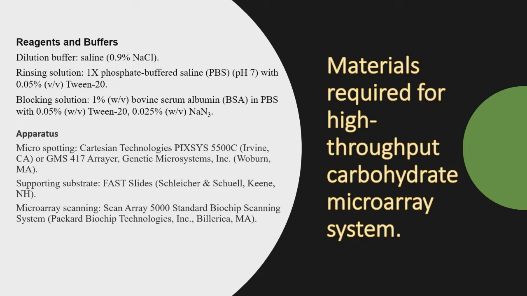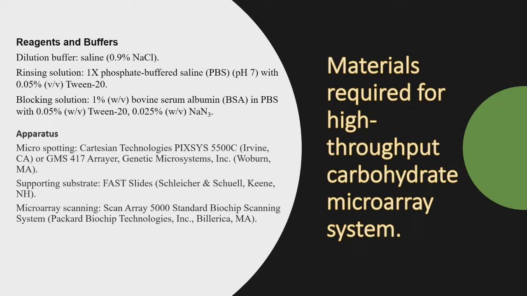This slide shows the reagents and the buffers along with the apparatus that can be used for the high-throughput carbohydrate microarray system. These include the dilution buffer, which is a saline 0.9% NaCl solution.